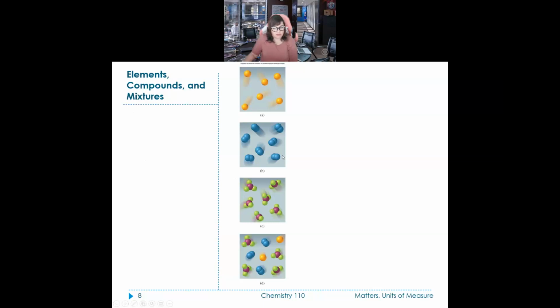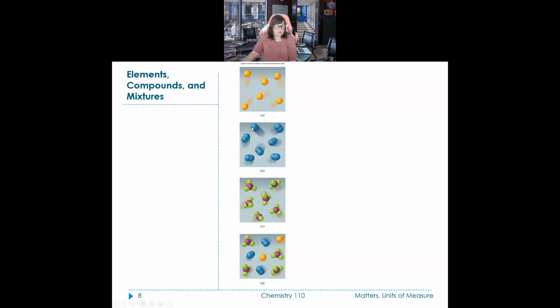Not much different, but a little bit different. And that means that I'm going to name them differently. Since there are 2 atoms that are stuck together here, that makes this a compound, because it's not made up of single particles. So this is a compound.